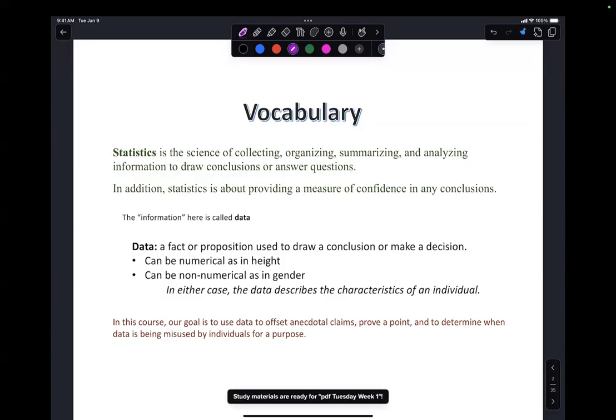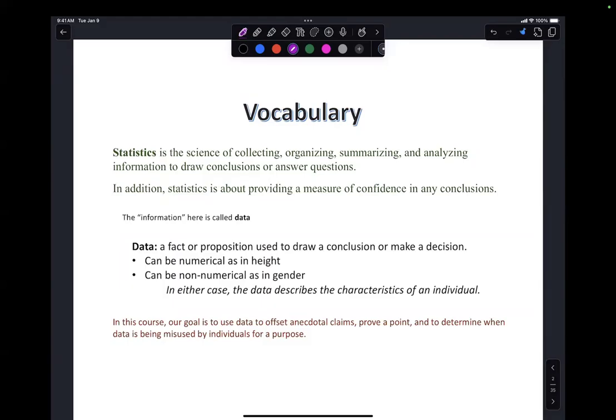I am not going to require you to come back and tell me what this is. This is just kind of your background. So data or data, I use both of them interchangeably. Who knows which way is really the right way to say it, but I'm going to say it both ways all the time. It is the numbers that we collect or the information that we collect. It is a fact or a proposition, characteristic, something like that that we use to make our decisions and draw our conclusions.